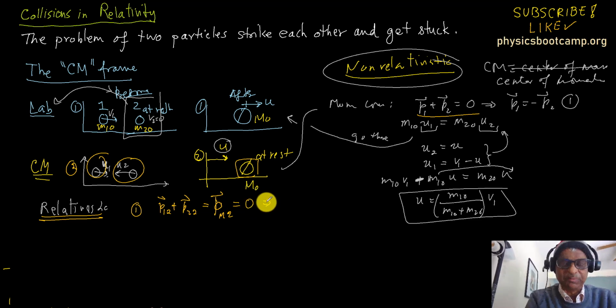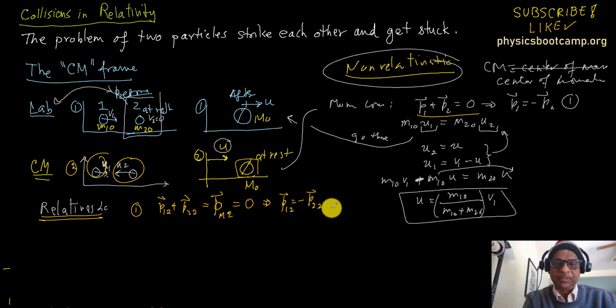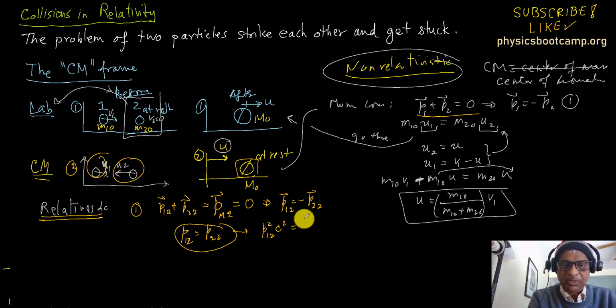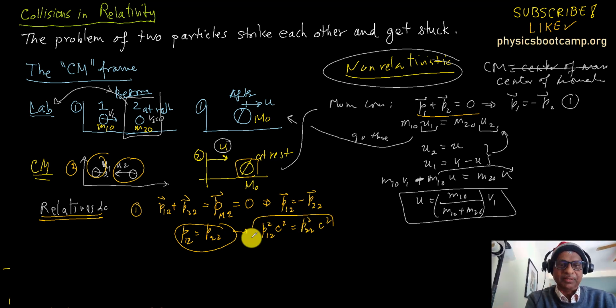So P1 in frame 2 equals minus P2 in frame 2, and in terms of magnitude, P1 in 2 equals P2 in 2. Or we can write P1 squared c squared equals P2 squared c squared, and that's one way we will use later.